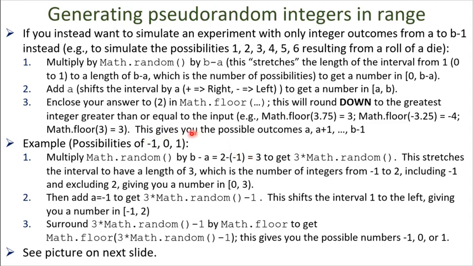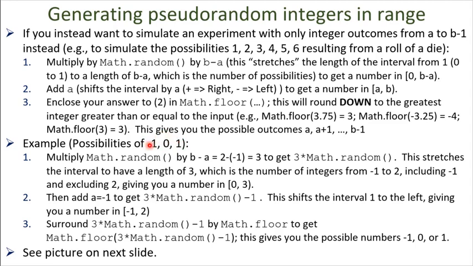And the reason why it's B minus 1 and not B here is because you're actually including both the starting number and the ending number. So for example, if you say -1 to 1, the distance between those is only 2. That just means that you go over 2 places to get from -1 to 1. But as you can see, that means you're only counting the 0 and the 1.